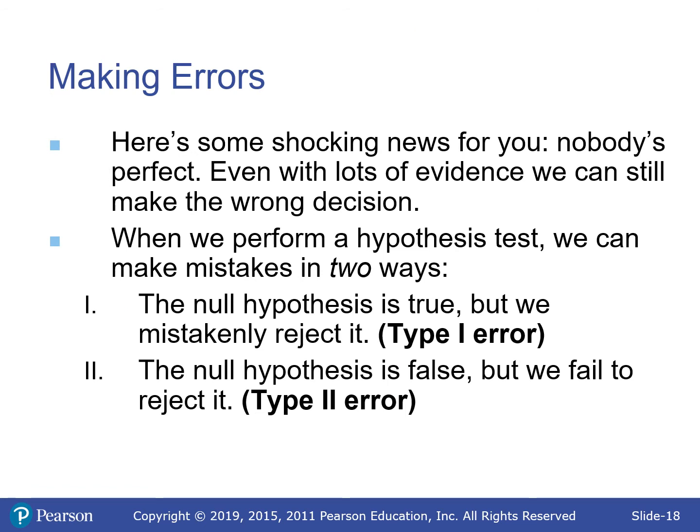So, errors. I love it. Nobody's perfect. We could still make the wrong decision here. There are two basic errors that we can make when we're doing a significance test. And this isn't about wrong conditions or assumptions or miscalculations or things like that. We're pretending that we did everything right.